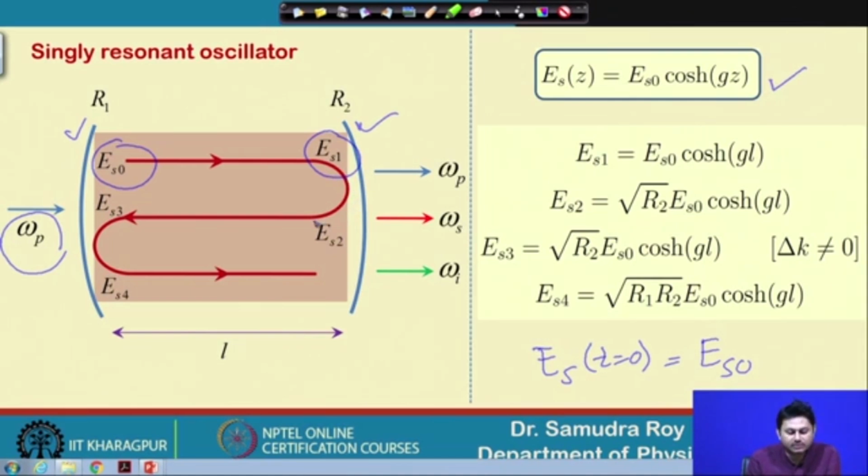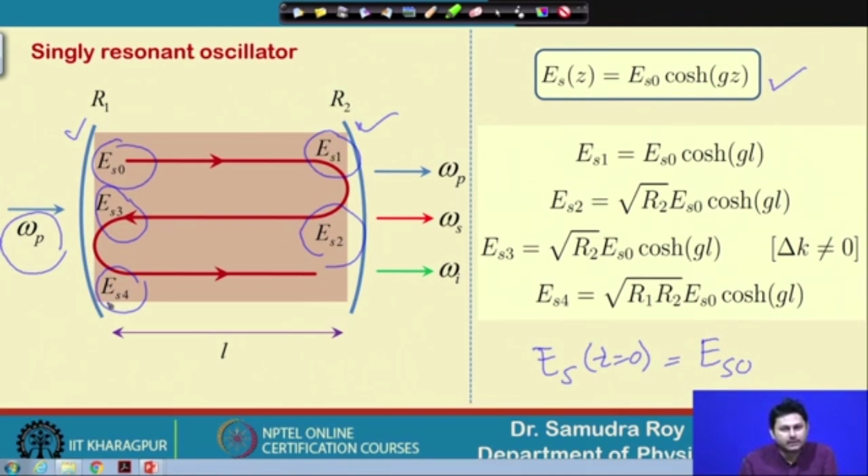Here we have a reflection, so we need to take account of that also, and after reflection from this mirror the field may change, and I designate this field as Es2. Now again it comes back to this part of the mirror. I write it as Es3 because it is coming from here to here, and then again it reflects, and when it reflects I write it as Es4. So Es4: I start with Es0, it goes here, reflects, goes here, reflects, and this is the final field I have.